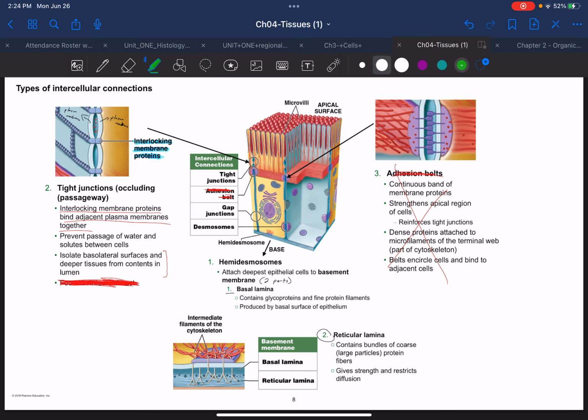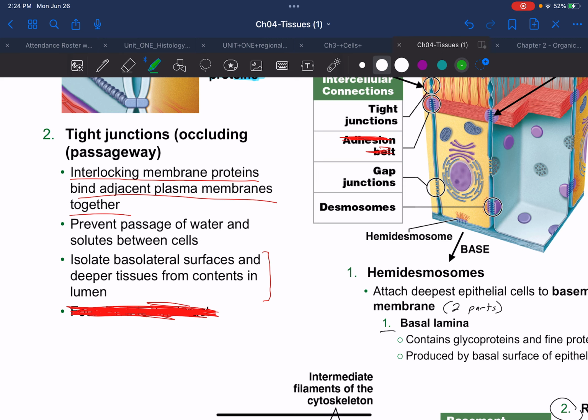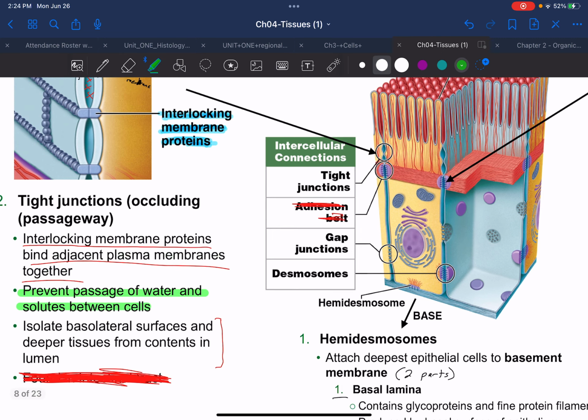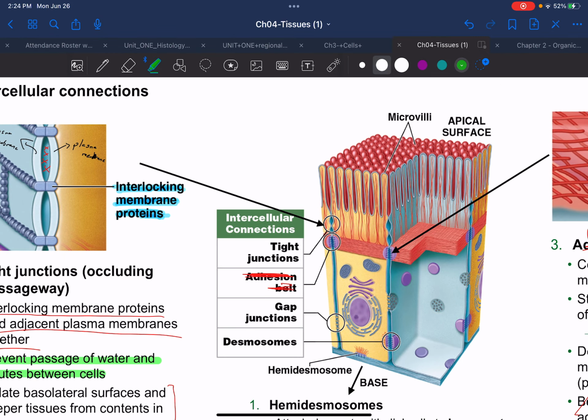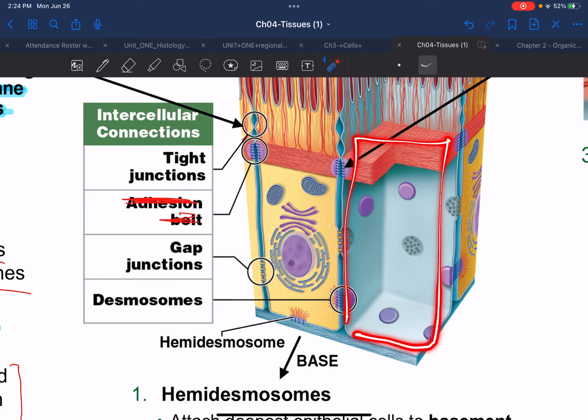And then the last one we got is tight junctions. Tight junctions, all their goal is to anchor the plasma membranes together, like knitting in a way, like it knits them together, and it makes them completely waterproof in between, meaning that it doesn't just allow things to go. Like if you look at this photo here, you're seeing a cell that's been sort of, everything's been removed from the inside.